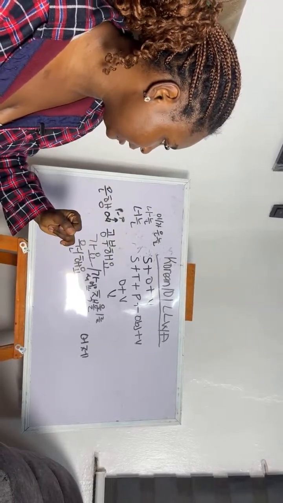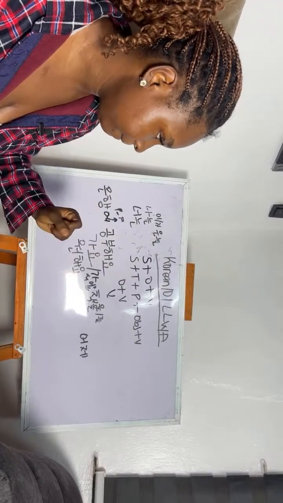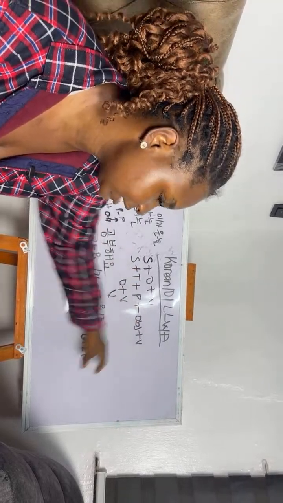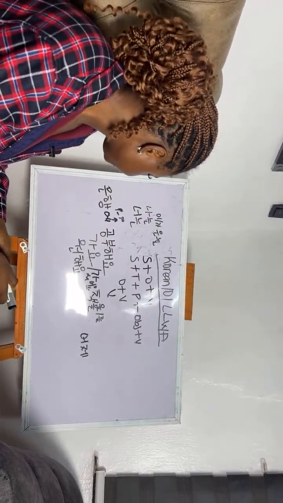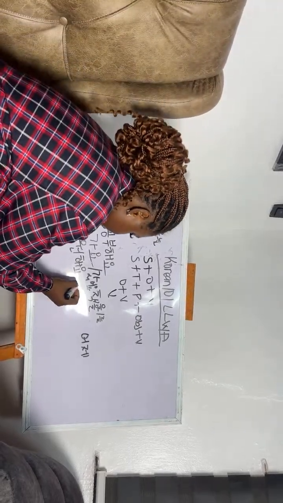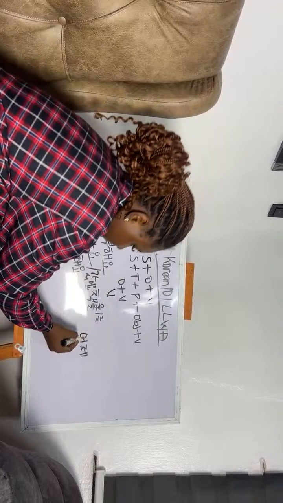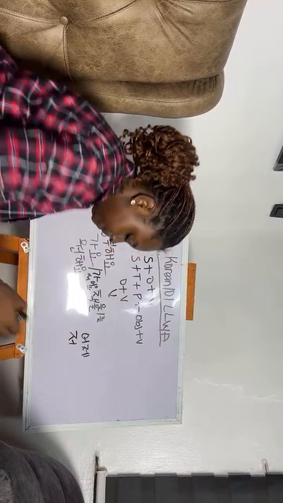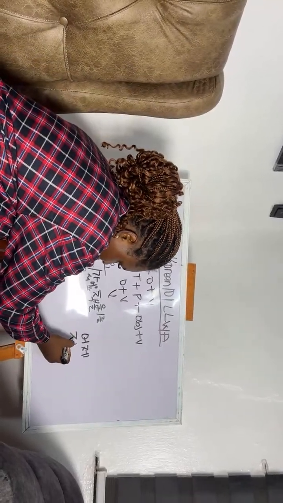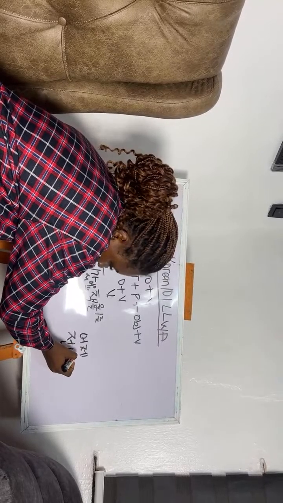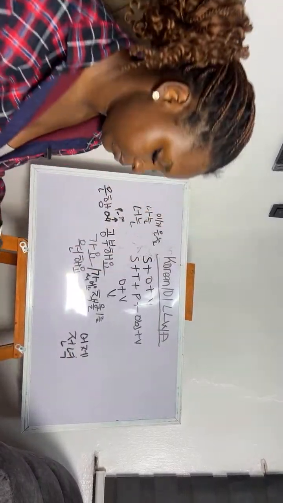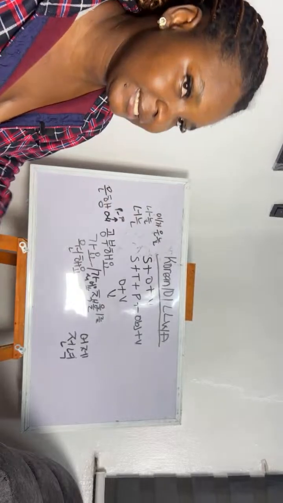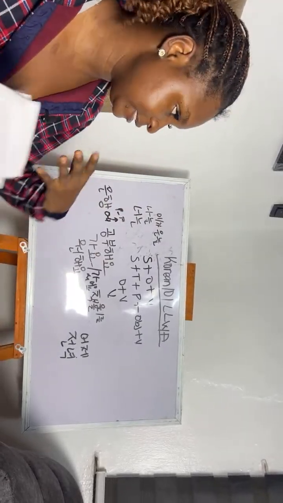So now let me make a sentence using subject plus time plus place, and then subject plus time plus object, and then verb. This is 저녁. 저녁 is dinner time, basically evening time.